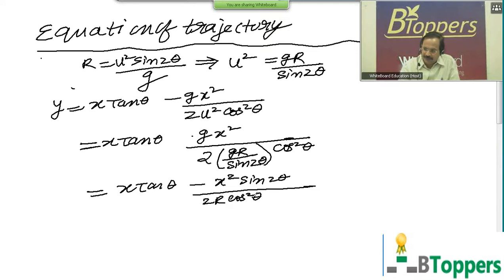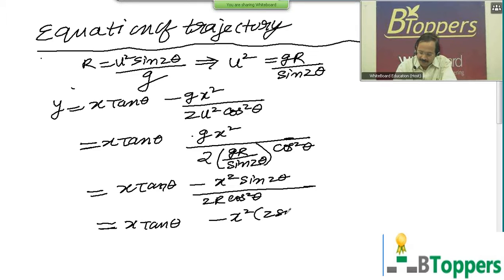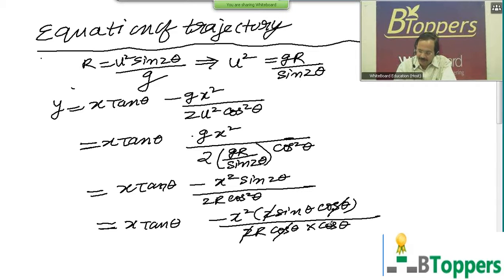So we can substitute here sin 2 theta equal to 2 sin theta cos theta in the numerator in the second term, and in the denominator cos square theta, you can write cos theta into cos theta. So you can cancel one cos theta, you can also cancel this 2 sin theta cos theta by cos theta, and you can write it as tan theta.